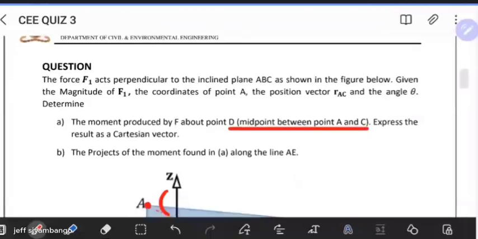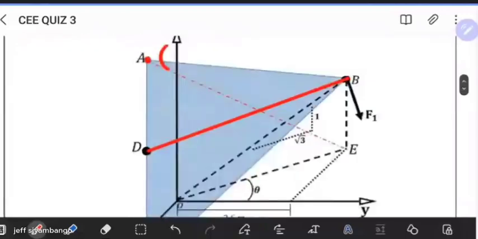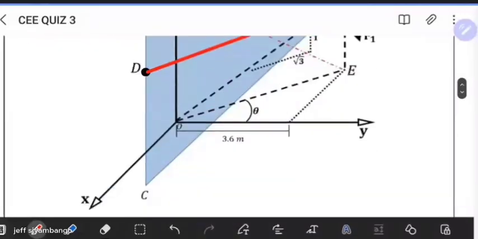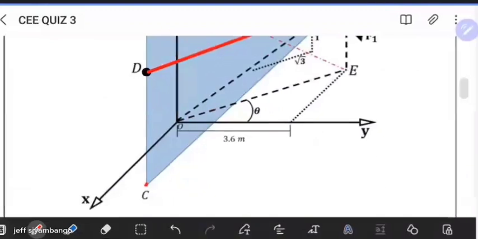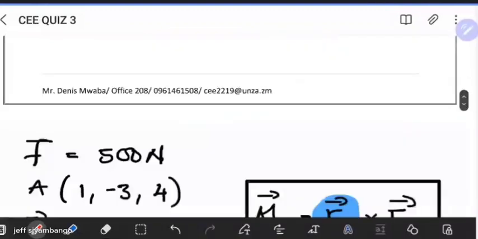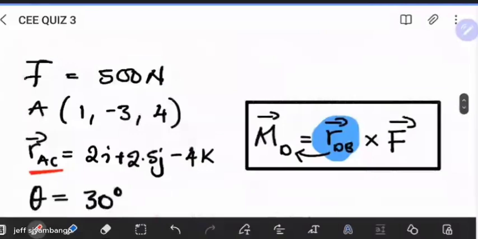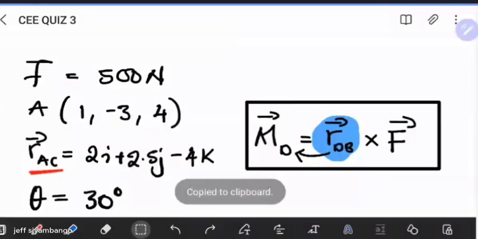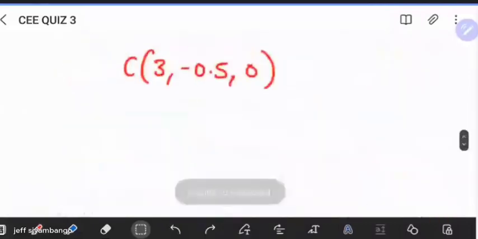Since D is exactly between A and C, all we have to do is get the midpoint of A and C. So our A is here, and our C is what we have just found.